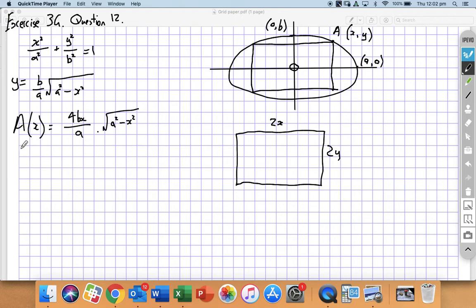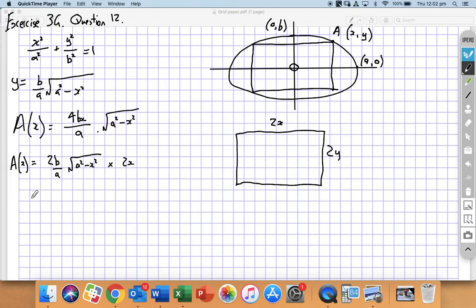And that's where my area is coming from. So the area has to be 2 y's, right? 2 times b on a square root a squared minus x squared times 2x.